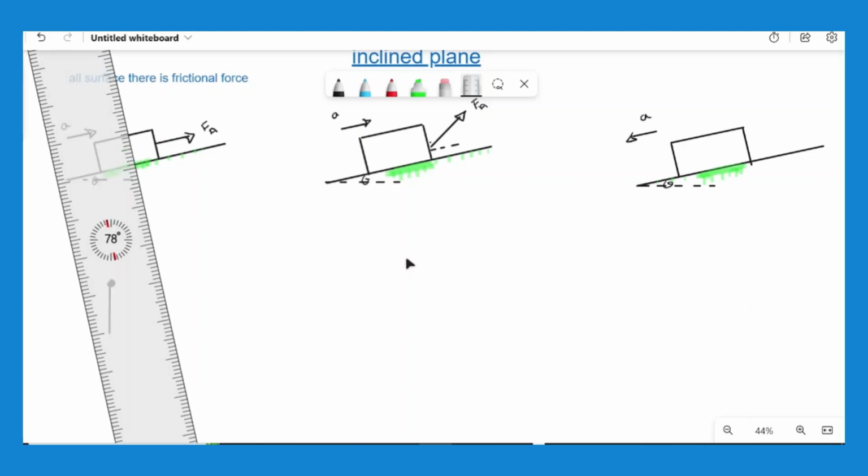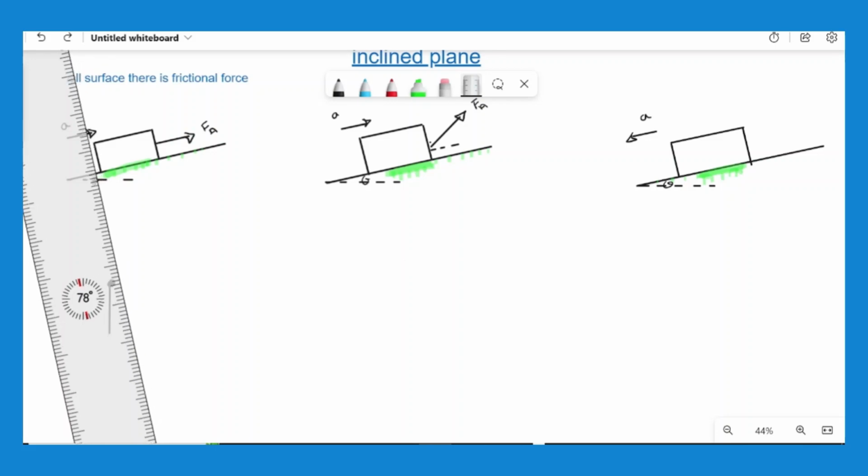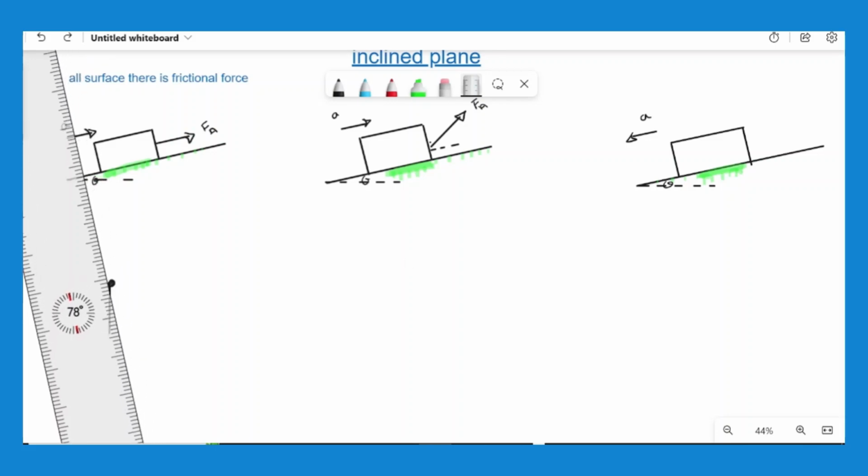So now we can see that this can be perpendicular to the surface. So the normal force is going to act in that type of direction. So my normal force would be in that type of direction.